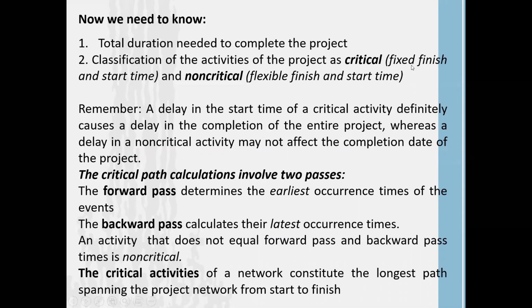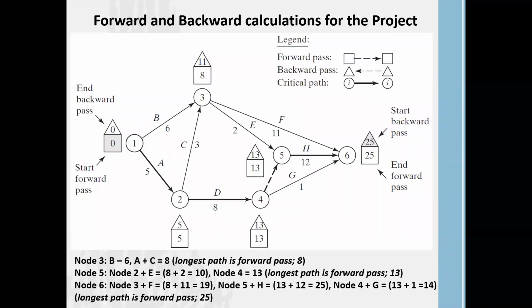So critical activity should have fixed finishing and starting time, and the other way around, where backward pass and forward pass are equal, those activities we identified as critical activities. And activities where forward pass and backward pass are not equal, those activities we identified as non-critical activities.